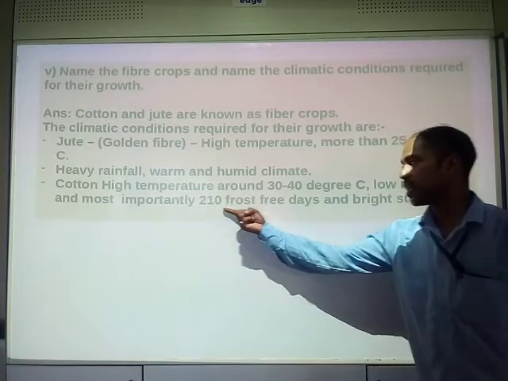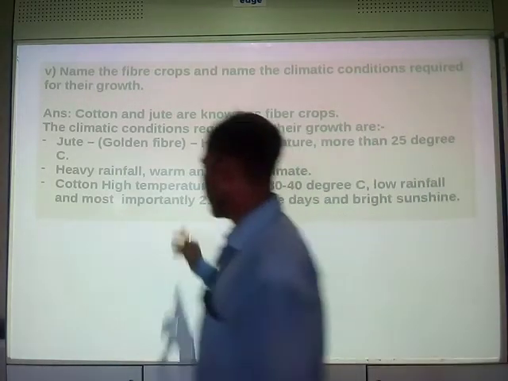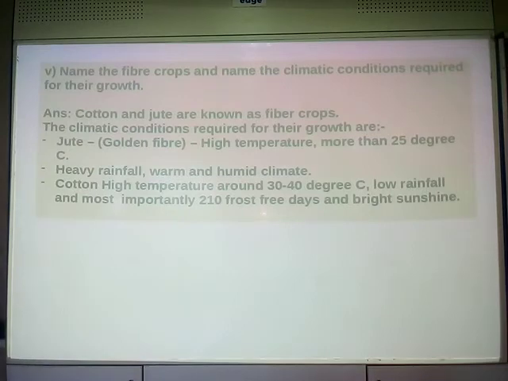So 210 frost-free days and bright sunshine are required, when the cotton is about to ripen and mature. So these are the basic conditions.